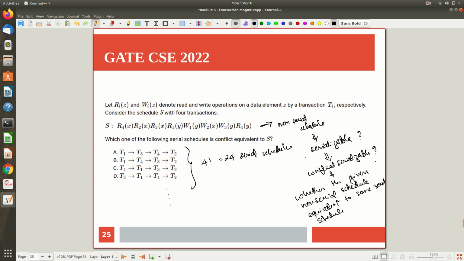Let me add the word: whether the non-serial schedule is conflict equivalent to some serial schedule. This word is important. This is basically what I am asking when it comes to conflict serializability checking. With respect to the conflicting operations, can I say that it is equivalent to some serial schedule? That is what we are asking, and we will see how it can be approached.